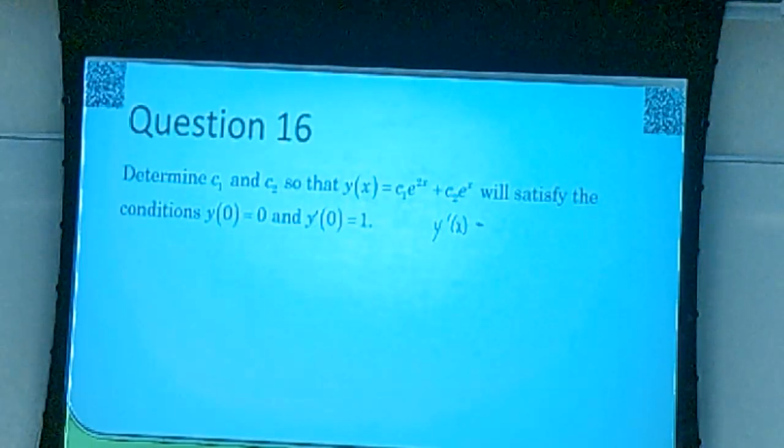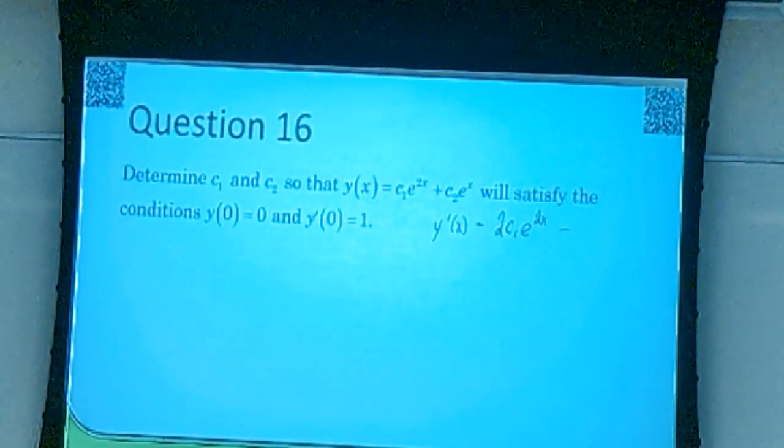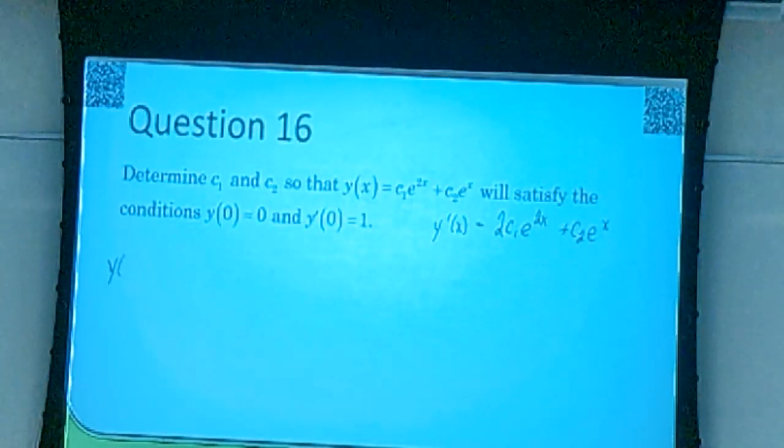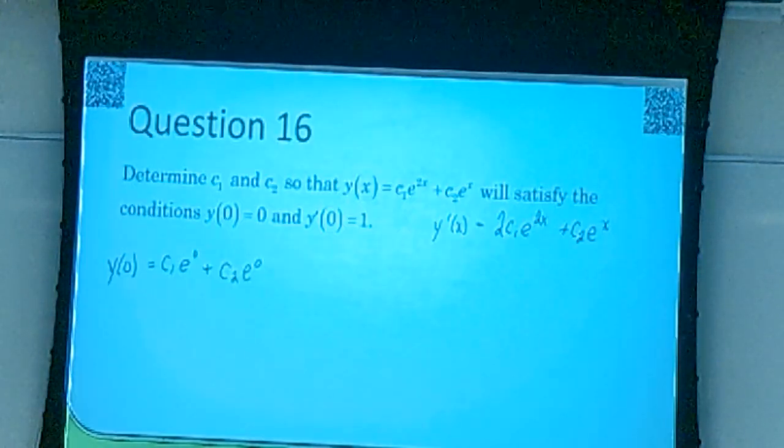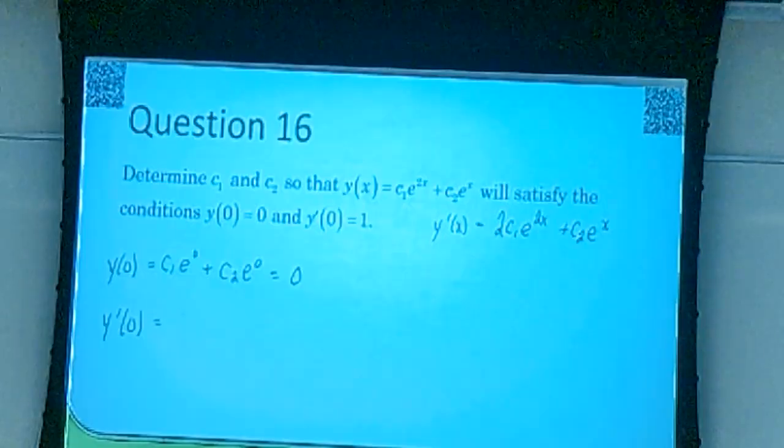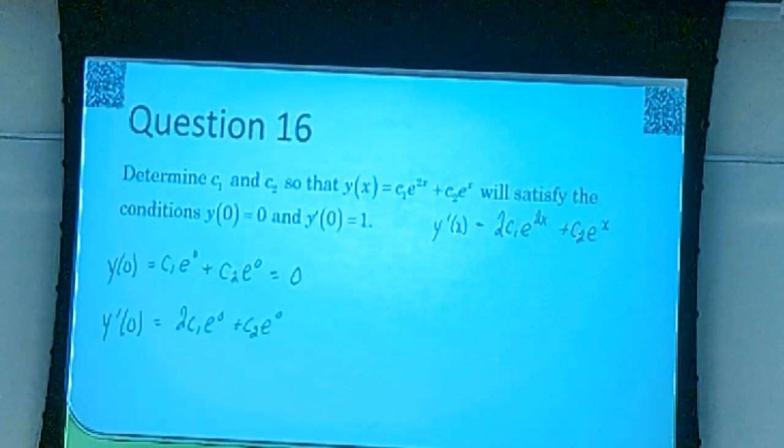Two C1 e to the 2x plus C2 e to the x. And then we have to have y of 0 equals 0 and y prime of 0 equals 1. What's e to the 0?